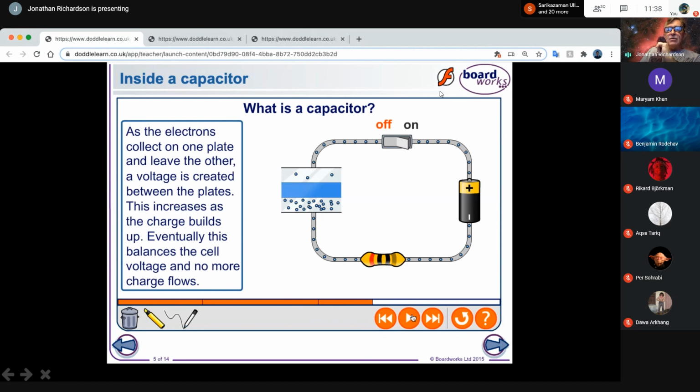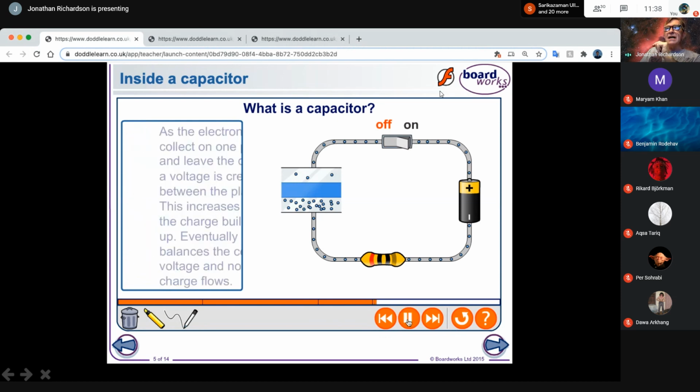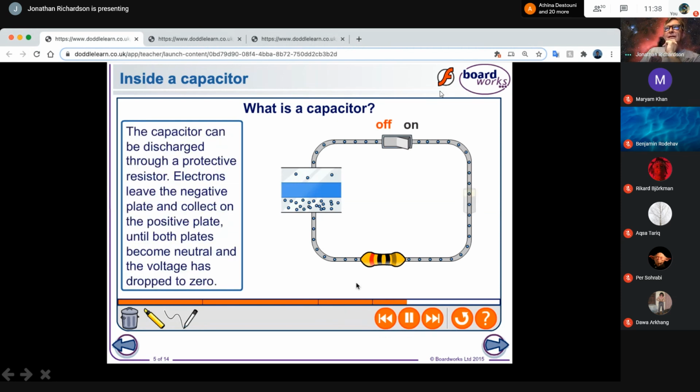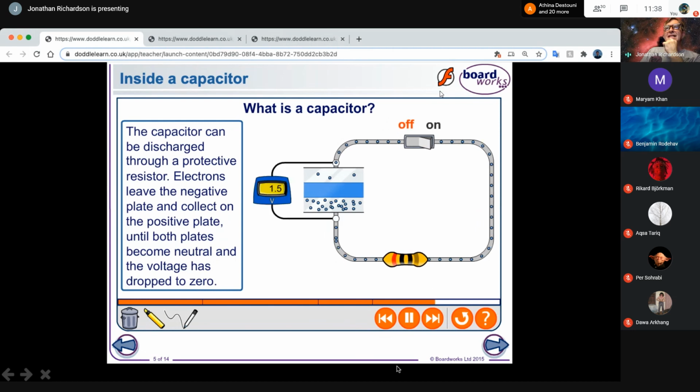So if I now do one thing and I supply a device into this circuit, this device can measure the charge that's flowing between these two plates. And this is a meter showing us we have 1.5 volts across here, and we can turn on the circuit.